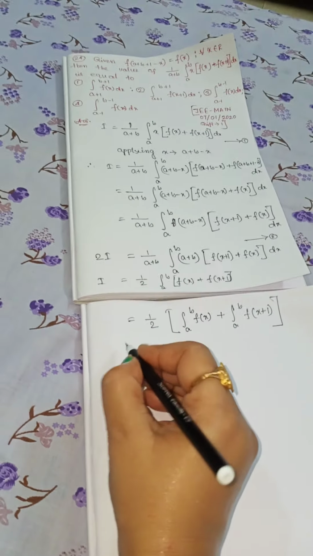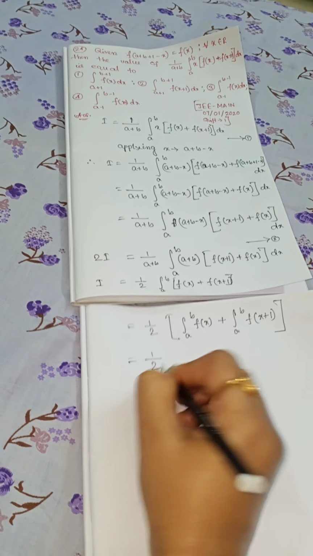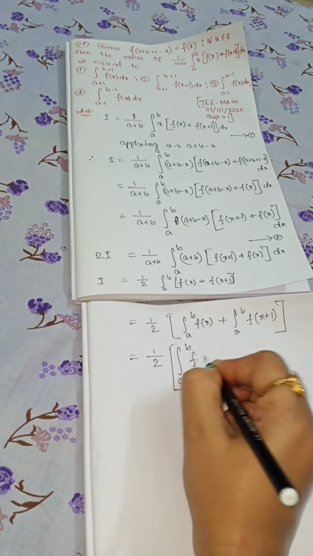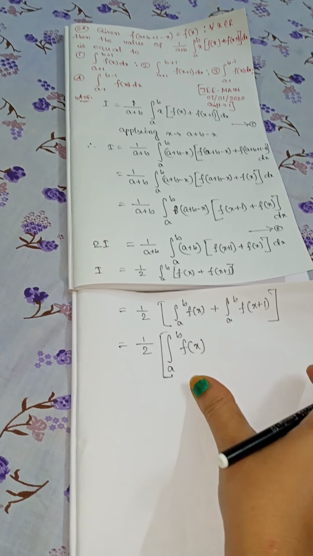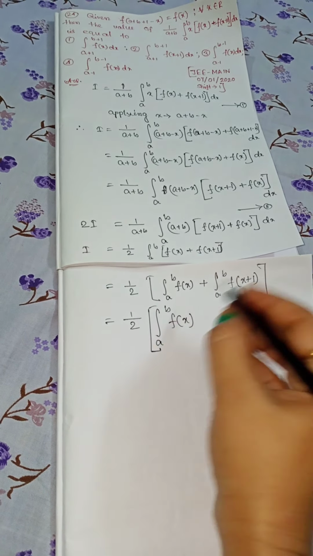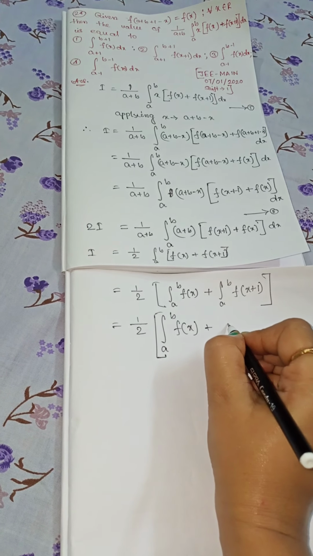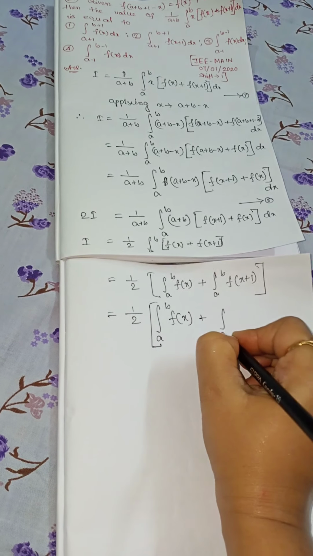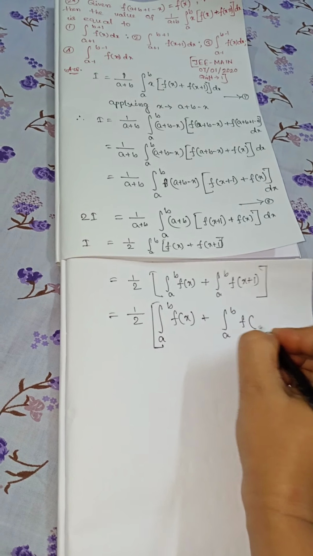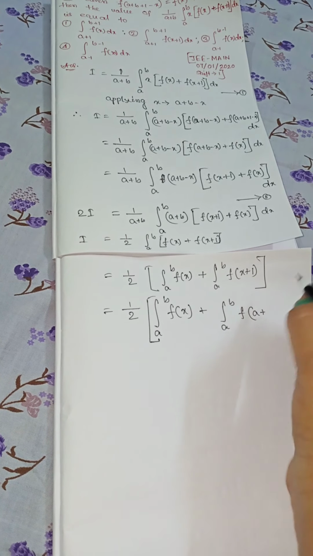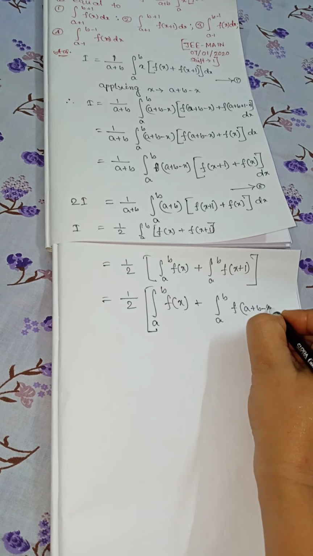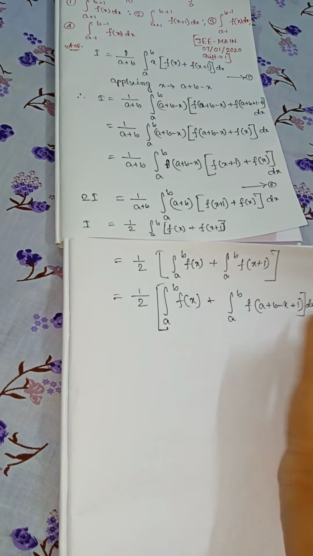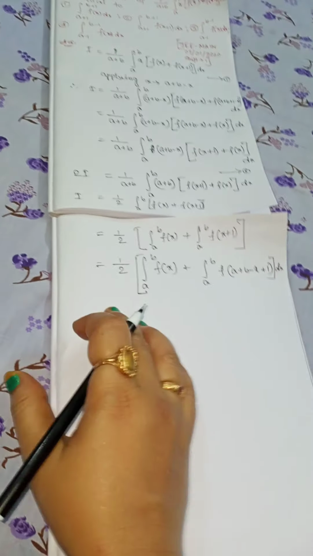And we know once again, f(x) is this, and this one becomes integration a to b of f(a + b - x + 1) dx, where once again we replace x is equal to a + b - x + 1.